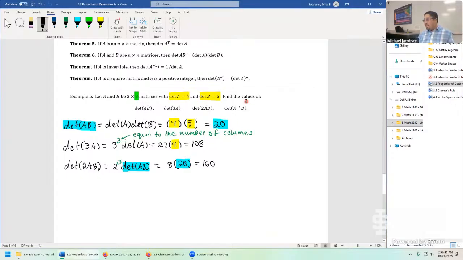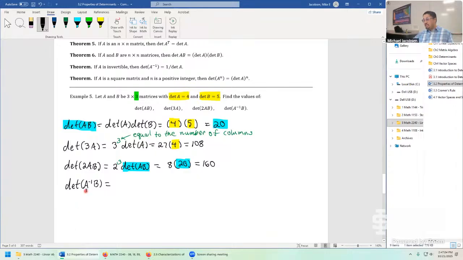Last one is determinant of A inverse times B. This one's kind of a fun formula because we're using this property together with this property all at once. But really, instead of using multiple properties, you can just combine them.